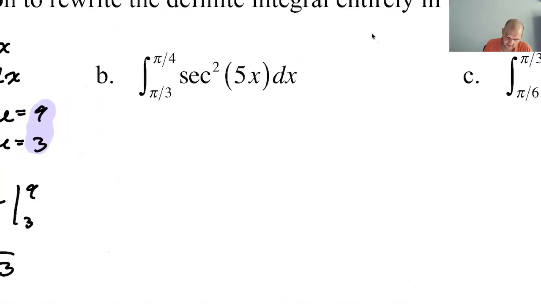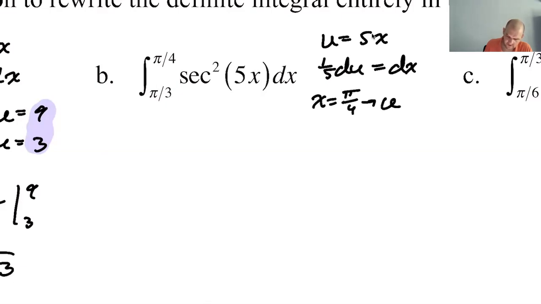So here, this is going to be gross. U is equal to 5x, so 1/5 du is dx. If x is equal to pi over 4, then U is equal to 5 pi over 4. And if x is equal to pi over 3, then U is equal to 5 pi over 3.